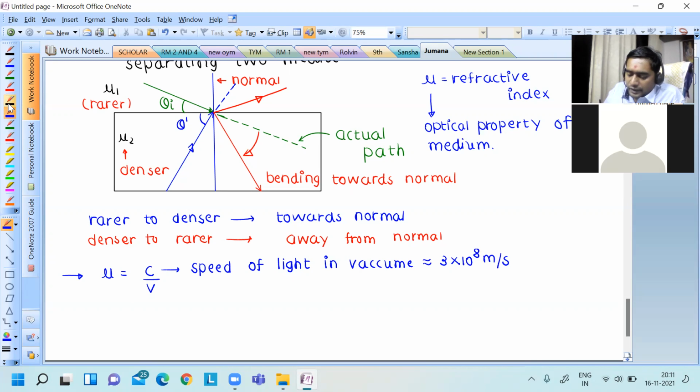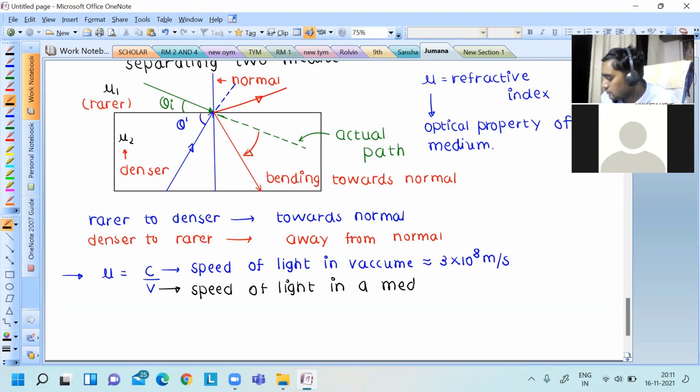V is again the speed of light, but in a medium. This is how you can get your refractive index.